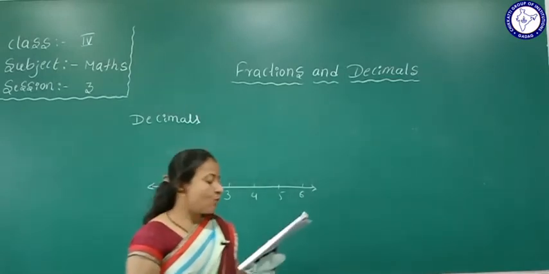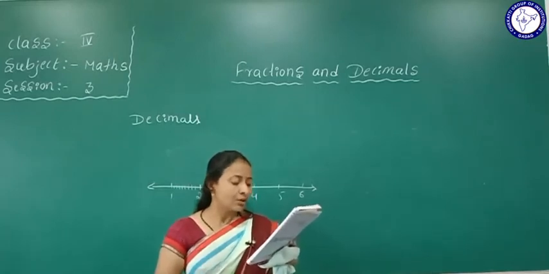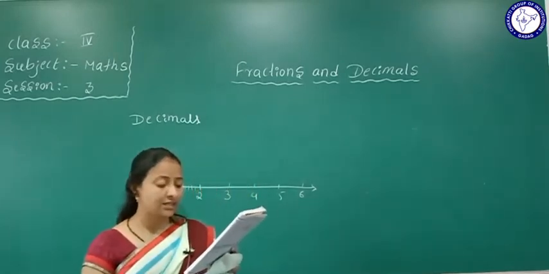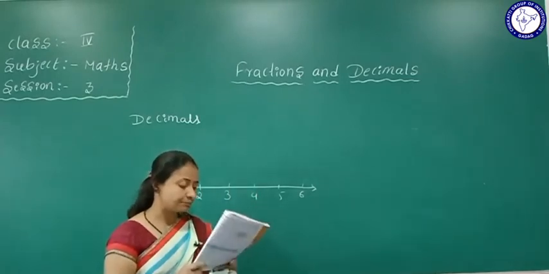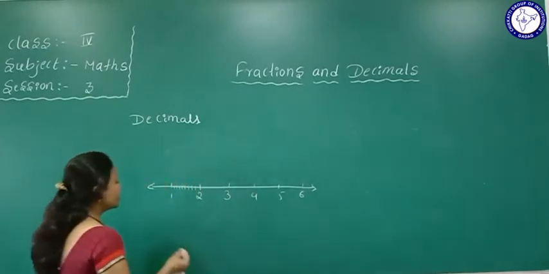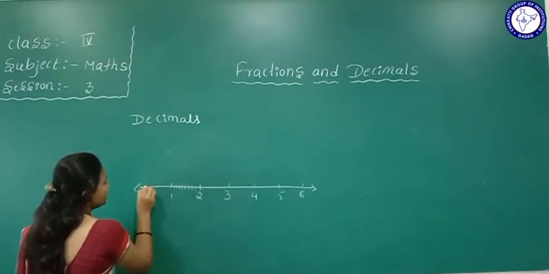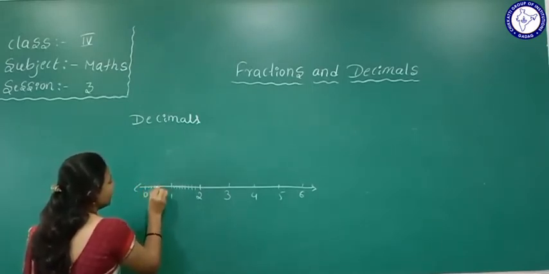This is the number line from 0 to 1. Here if 0 is there, here also there are 10 lines.